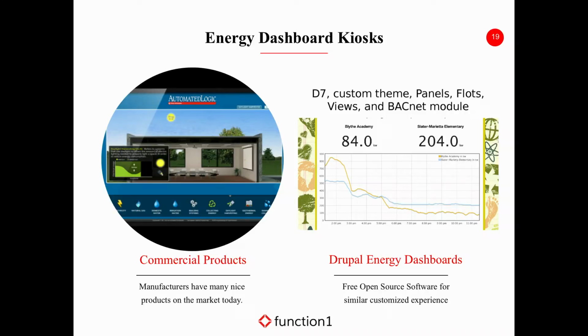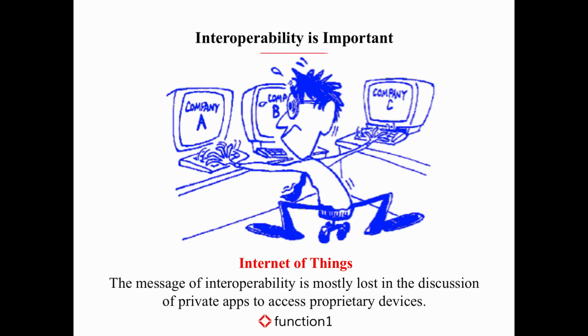With ours, we had to do 5 different standalone kiosks, and we did it at about $5,000 per station. With the commercial one, you have to buy the license and stuff per station. Ours is all with Drupal. We were able to create one master file, and then go in and change the settings so that we can install it on each one and it would look at the different files.